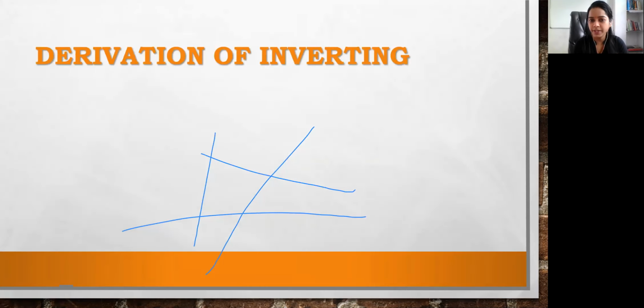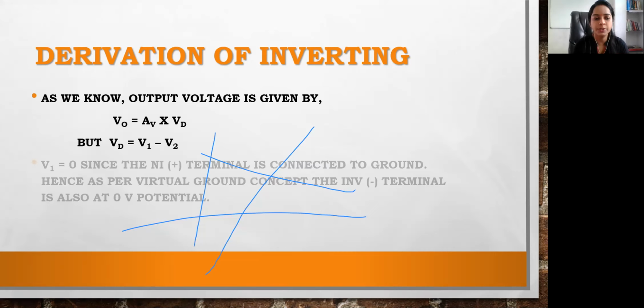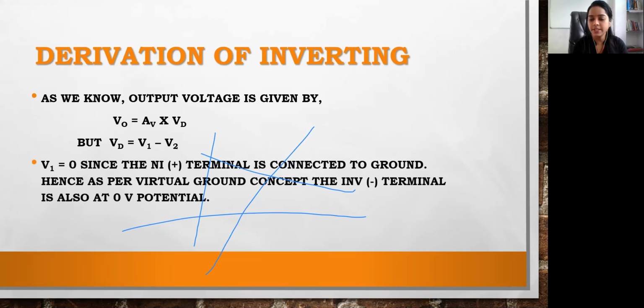Now we will have the derivation of the inverting amplifier, how we are going to derive the output of this inverting amplifier. So we will have output voltage equal to gain into Vd. So we'll see what Vd is. This is nothing but V1 minus V2, as V1 is equal to 0.